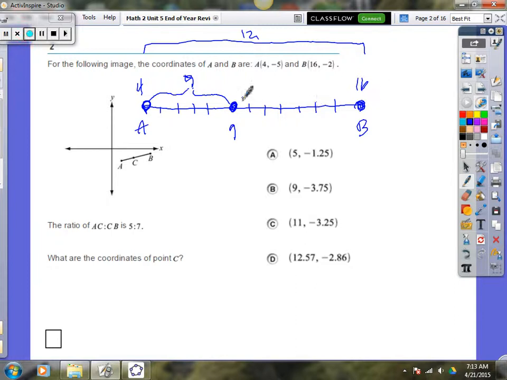So it works out from here to here is 7 units, because 5 and 7 is 12, and the total distance is 12. So it's got to be some multiple of a ratio of 5 to 7. Could be 10 or 14, 2.5, 3.5, but it just happens to work out. This ratio of 5 to 7 works just nice. So the X coordinate has got to be 9. So we're going to go with B.